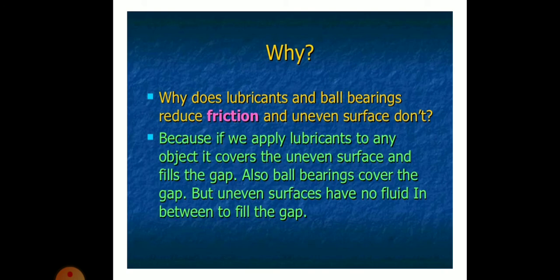So where the surface is uneven, the lubricant fills that gap and makes the surface even. That means it makes the surface smooth. Also, ball bearings cover the gap, whereas an uneven surface has no fluid in between to fill the gap. Okay, so lubricants and ball bearings are used to reduce the friction, but on an uneven surface the friction will be more.